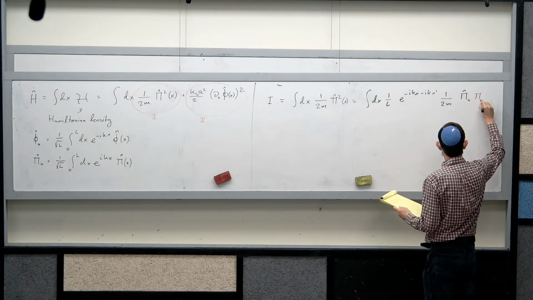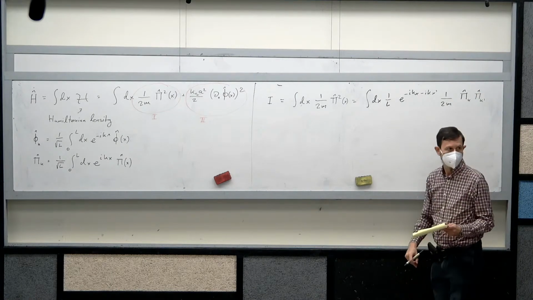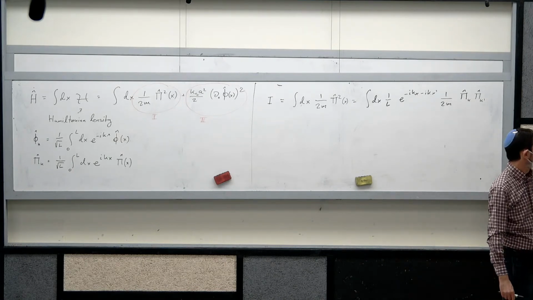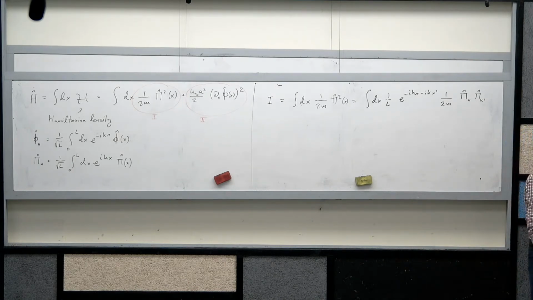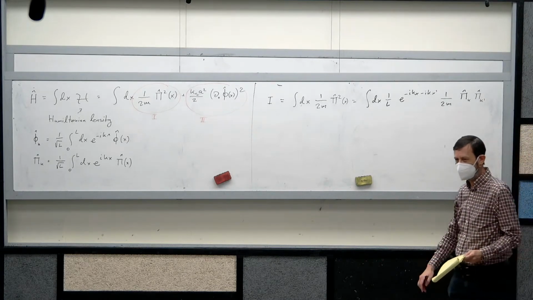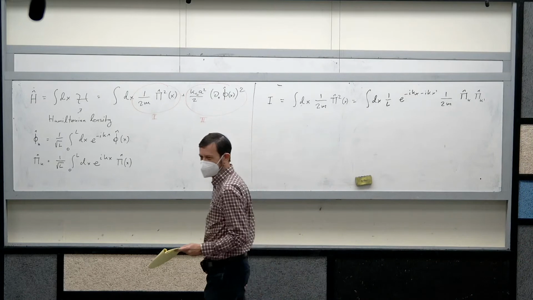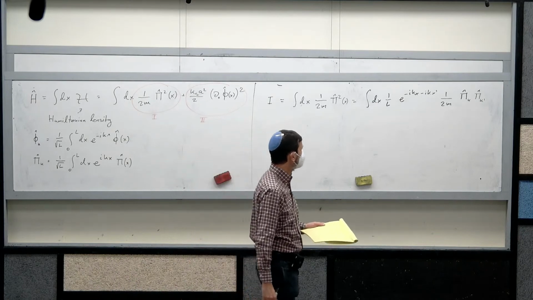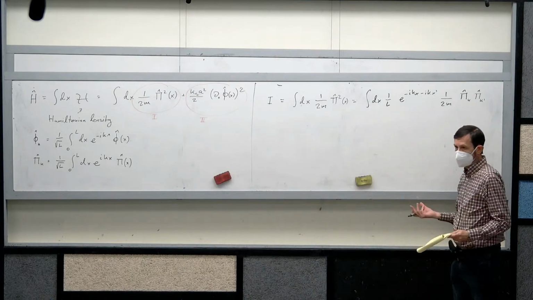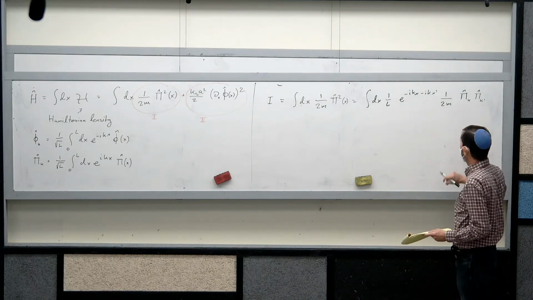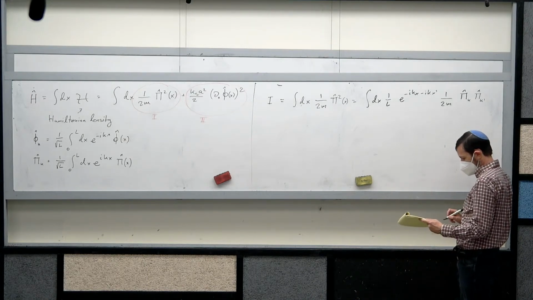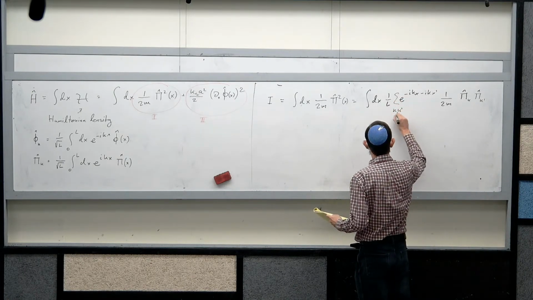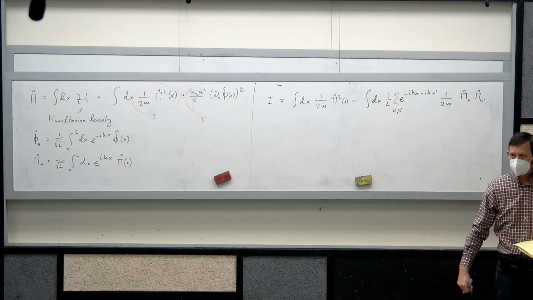One of the primes in the exponent should be on the k, rather than the x. Yes, in the exponent. Okay, now it's clear, right?